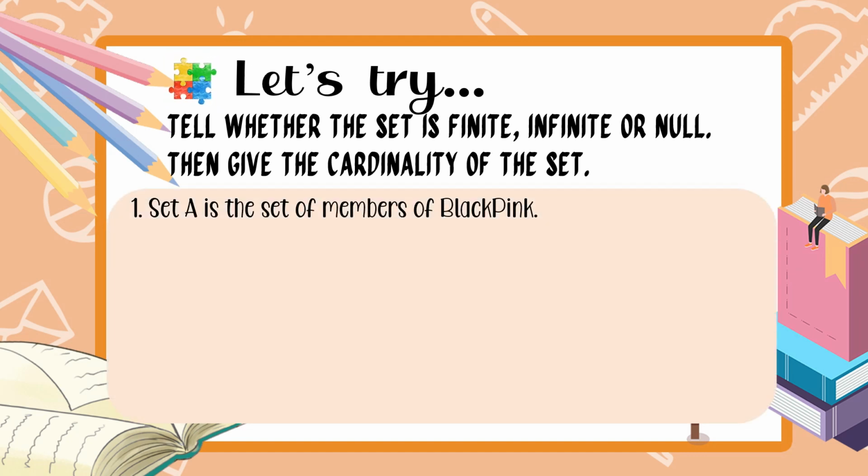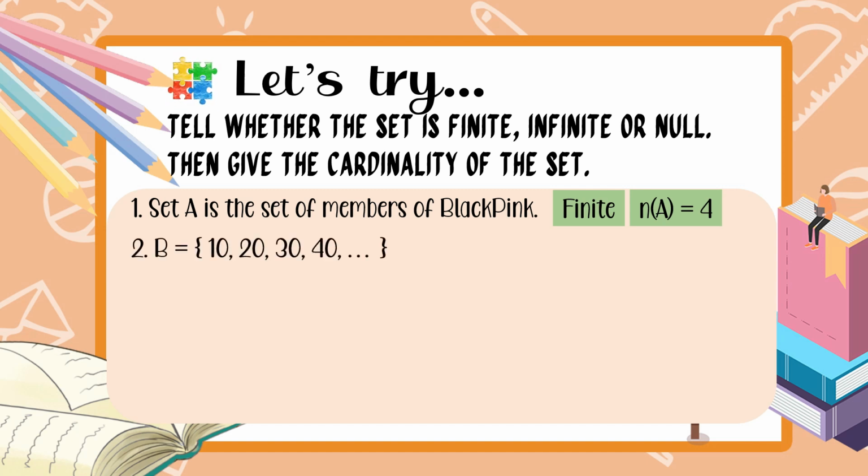First one, set A is the set of members of Blackpink. So this one is a finite set dahil limited lang naman ang bilang ng members ng Blackpink. What is the cardinality of the set? So the cardinality of set A is 4 dahil 4 members lang ang meron sa Blackpink. Next, let's have number 2, the set B with the elements 10, 20, 30, 40, and so on.